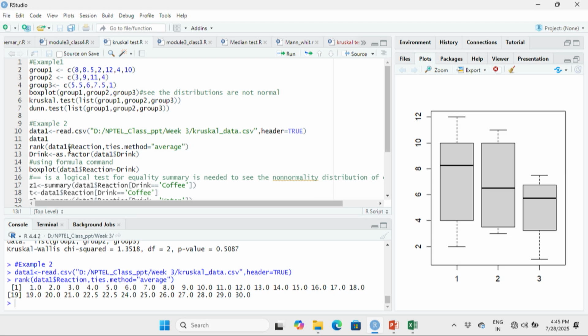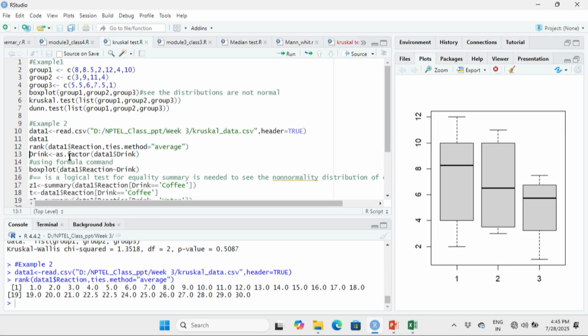You see data1$reaction means I am ranking the reaction observations. There might be some repetitive observations, so you need to break the ties: ties.method equal to average. The ranks are here, you will see 1, 2, 3, 4, these are the ranks of the observations.